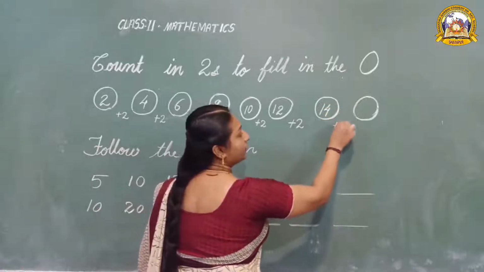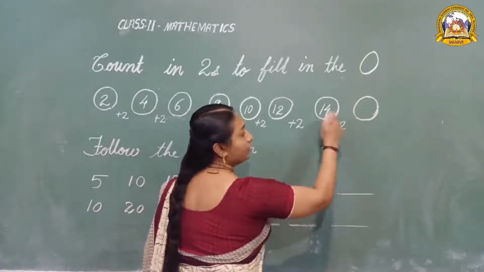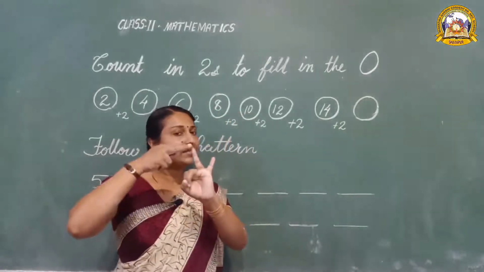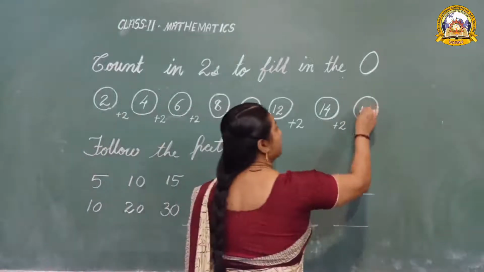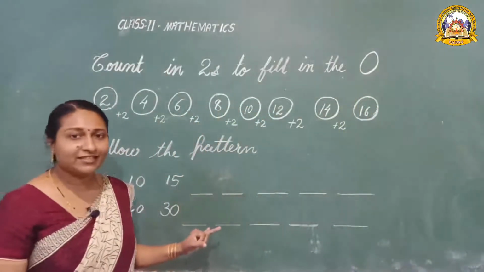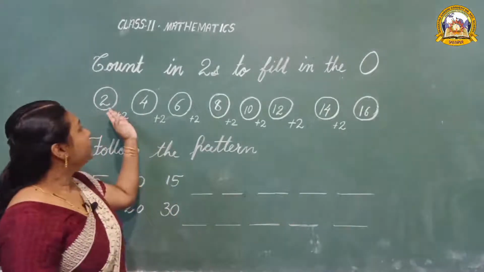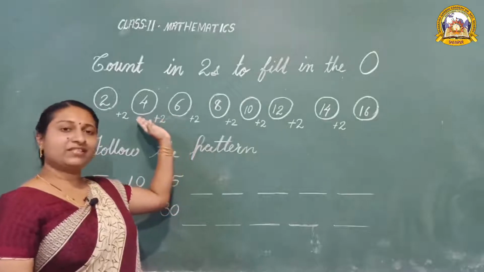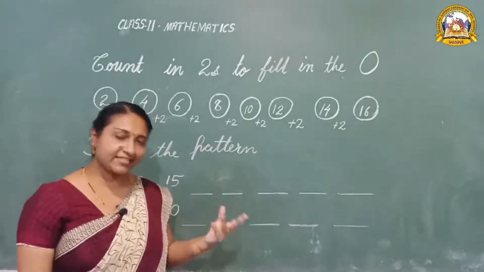Next plus 2, 14 plus 2, after 14 comes 15, 16. Did you get it? Yes. We have to add 2 to the previous number to get the next number.